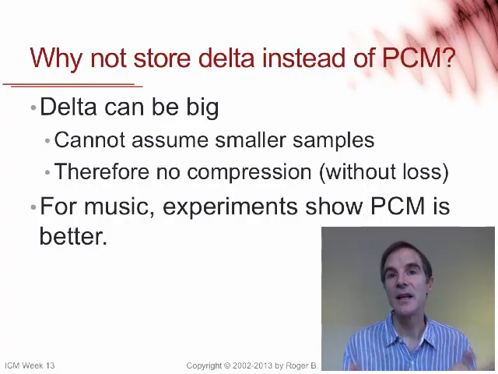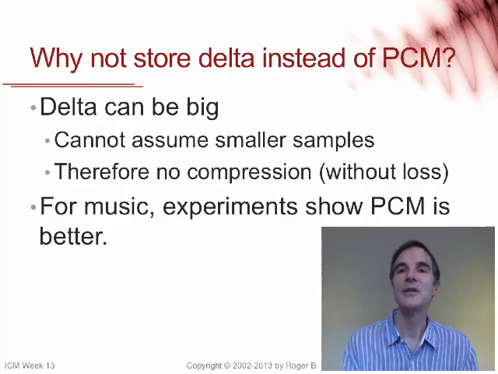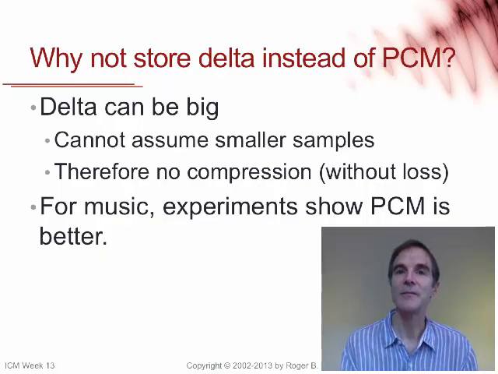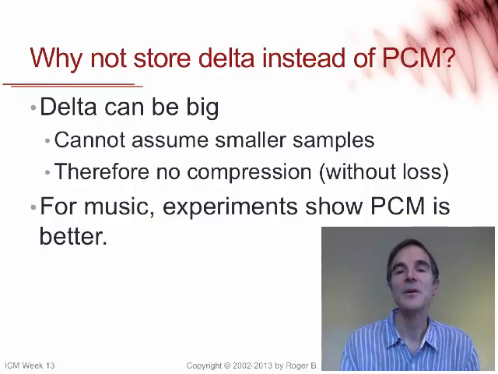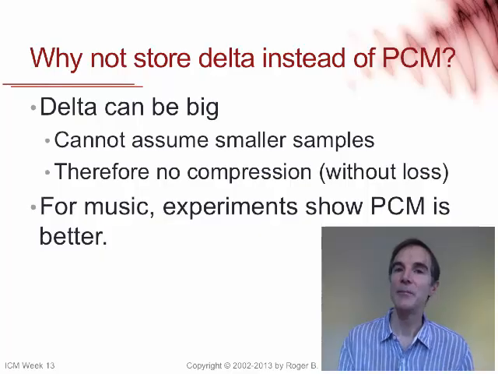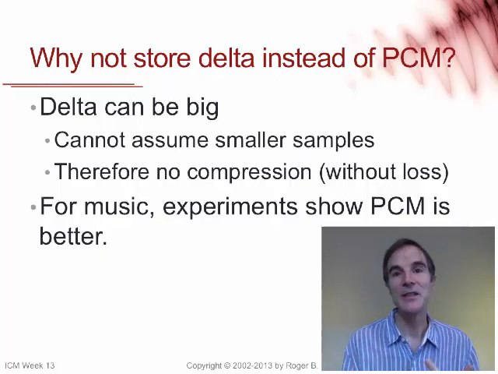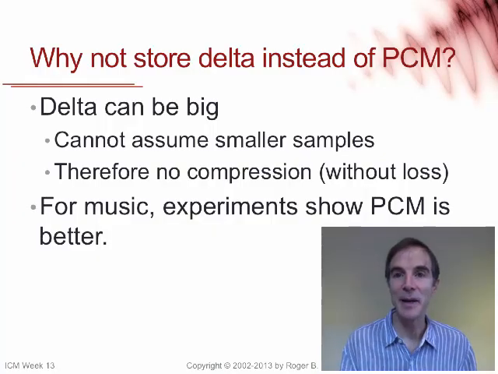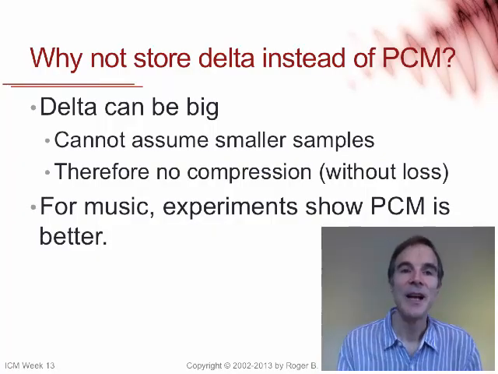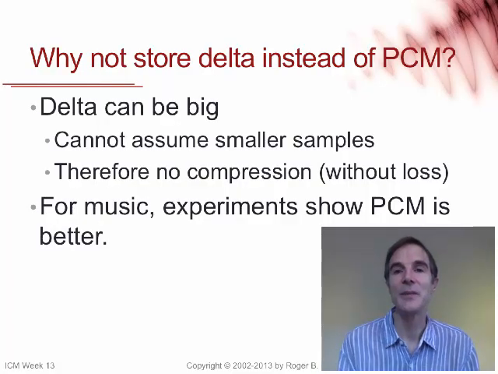So it actually takes 17 bits to encode delta PCM equivalent without loss. And so if we go to delta PCM, we're losing a bit, or we're losing 6 dB, and so delta PCM sort of has to be 6 dB better than PCM, and that just doesn't happen. Experiments have shown that PCM is better.